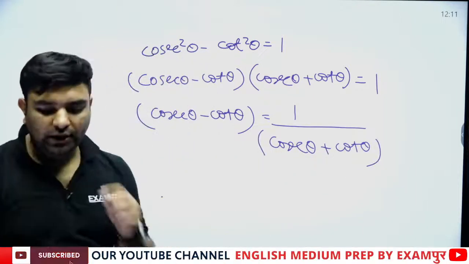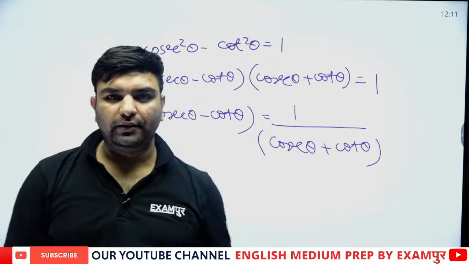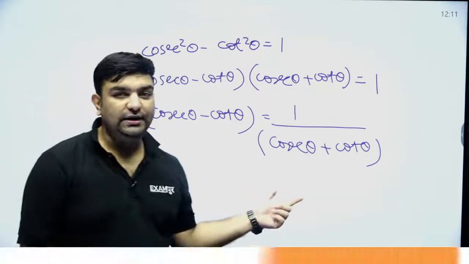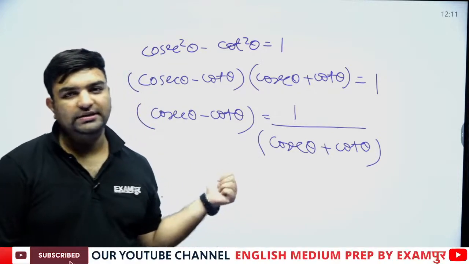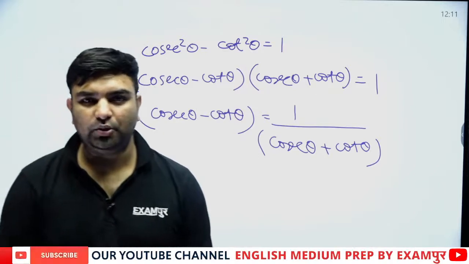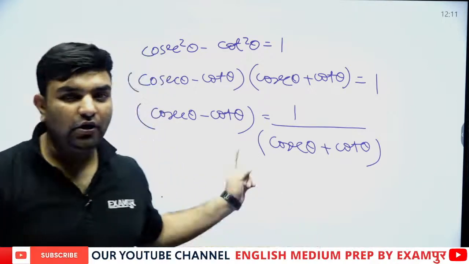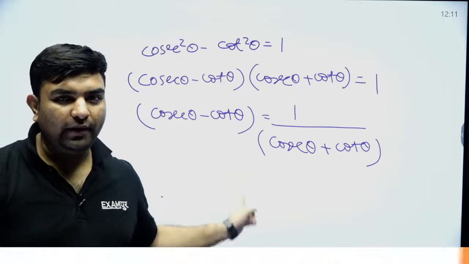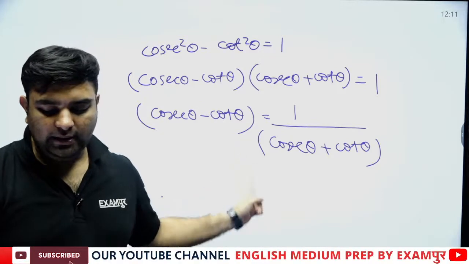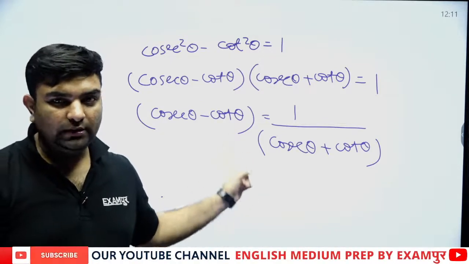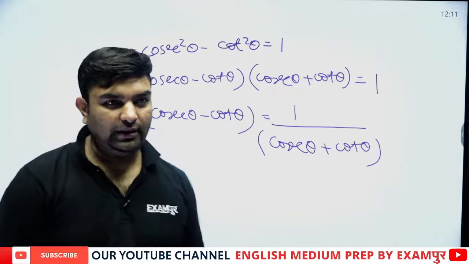So again, no need to write it down again. If cosec theta plus cot theta is known, cosec theta minus cot theta can also be found out. If any one of these is known, the value of the other can be written down directly.